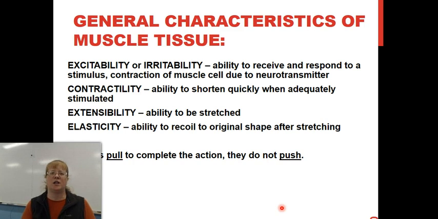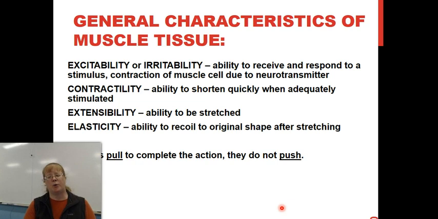Then contractility: they have the ability to shorten, to contract when they're stimulated by the neuron. They also have extensibility, the ability to be stretched to a certain extent. They can be stretched for a bit, but the cells are relatively delicate, and at a certain point they'll tear if they're stretched too much.